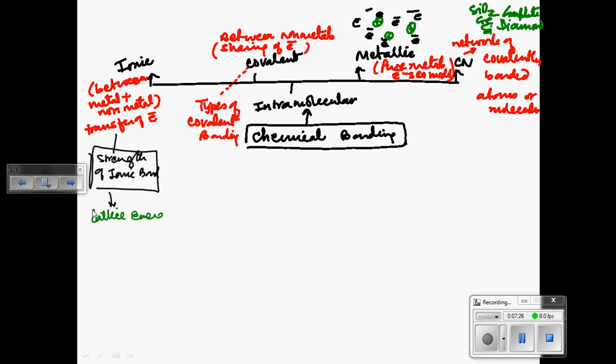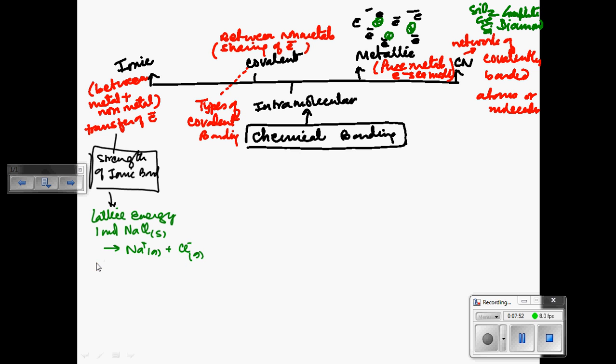And lattice energy is defined as the amount of energy required to break 1 mole of a solid ionic compound, let's take, for example, NaCl, into its ions in gaseous state. That's how lattice energy is defined. And whatever energy is required, this is called lattice energy.